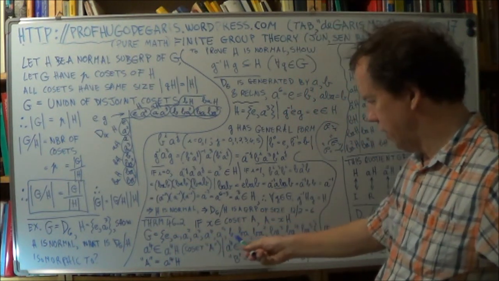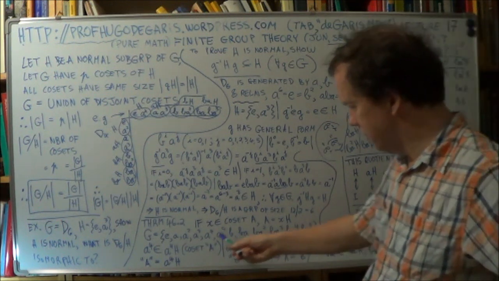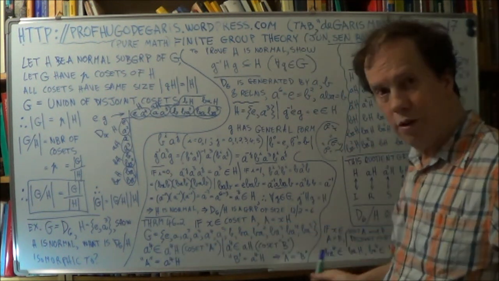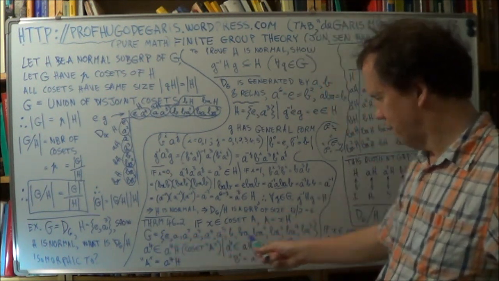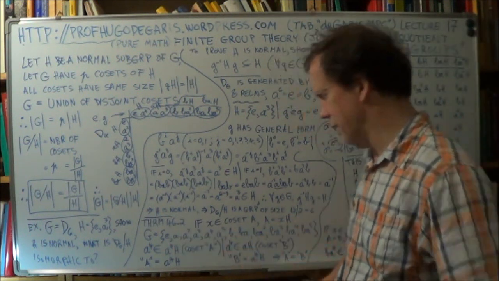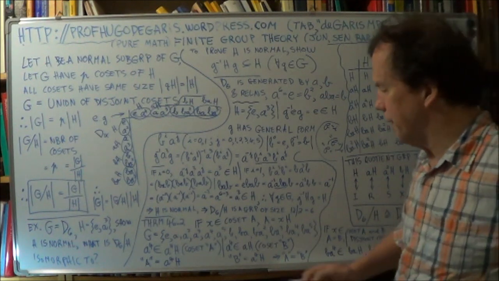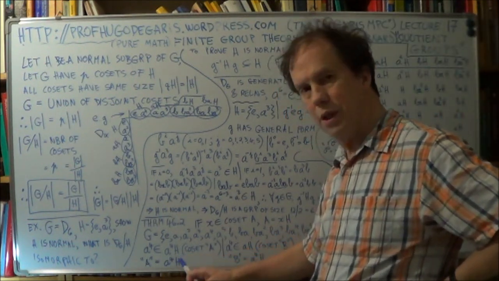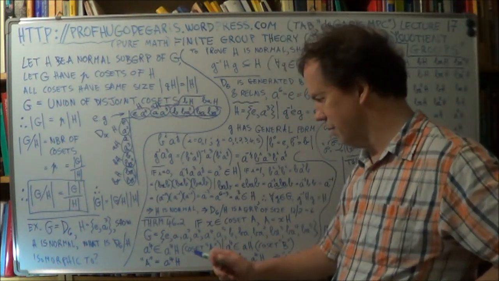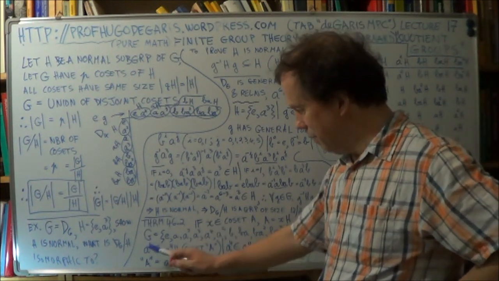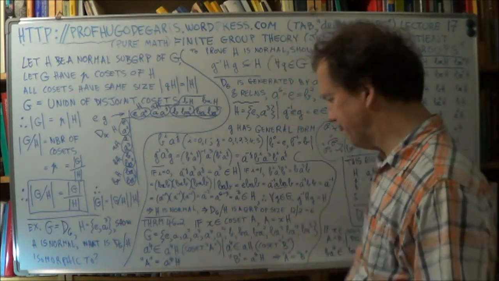A and B are the generators. Here are your general forms, from the theory of dihedral groups. You're quite familiar with this now. Now watch the following logic. It's not spelled out too clearly in the text, so I had to scratch my head a bit, but here's the essence of it.